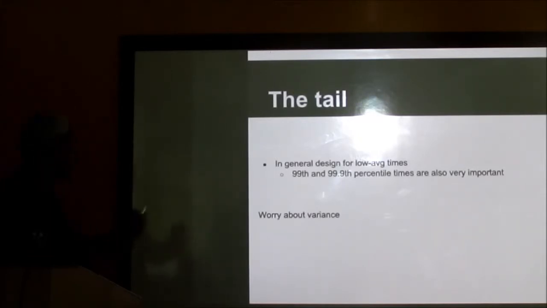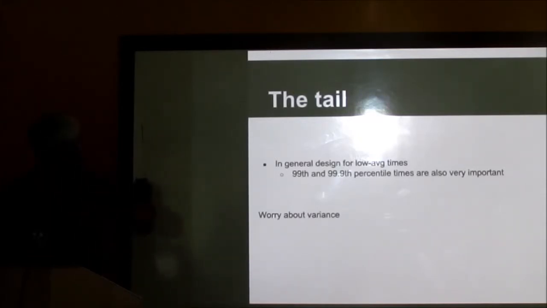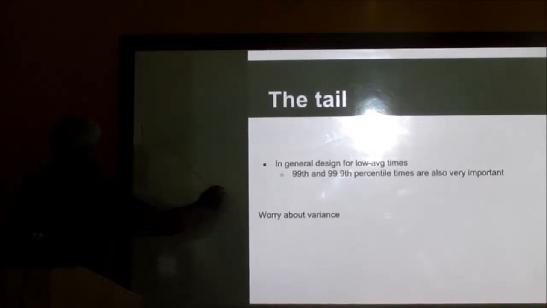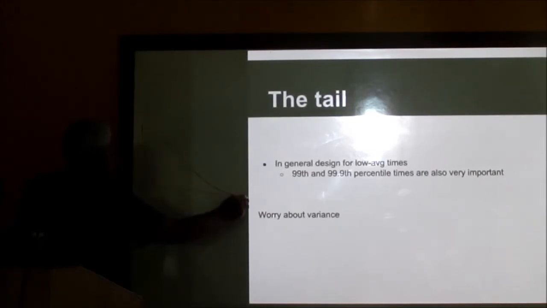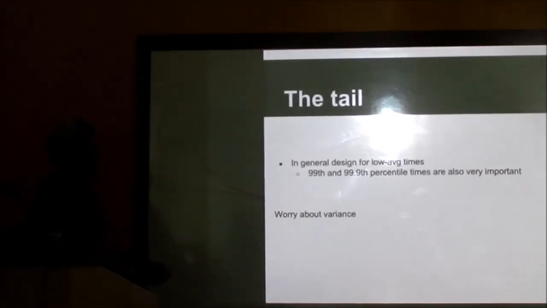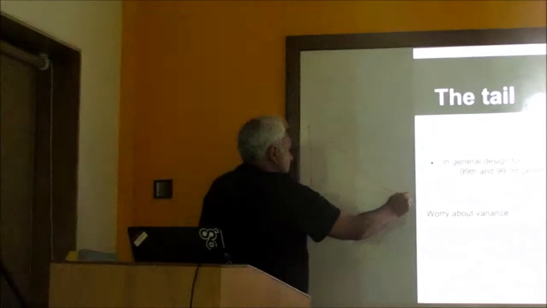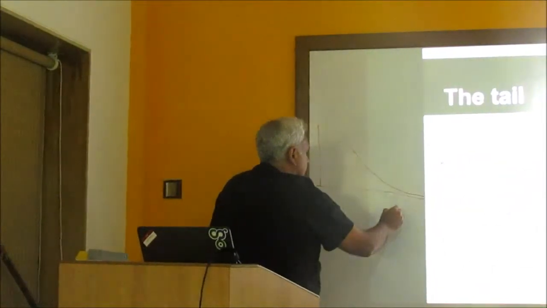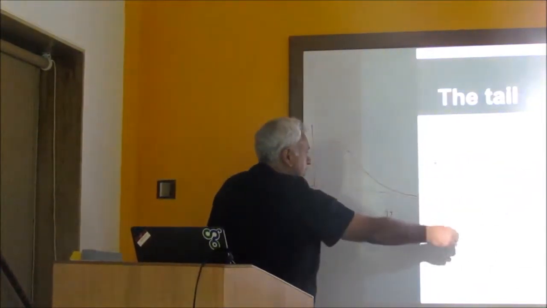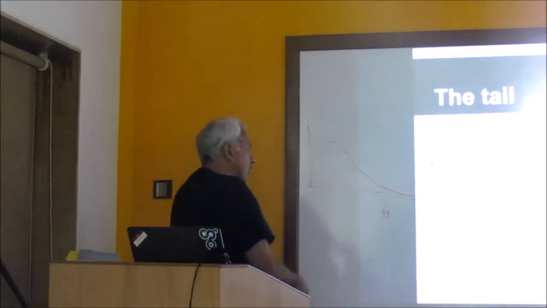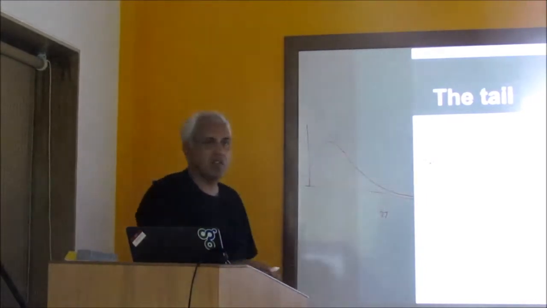Because typically you will have some sort of distribution like that, and then there is this thing that just goes on and on and on. And so this might be your 99, and somewhere 99.9 and so on. So if you have 100 servers, you're going to hit that case.